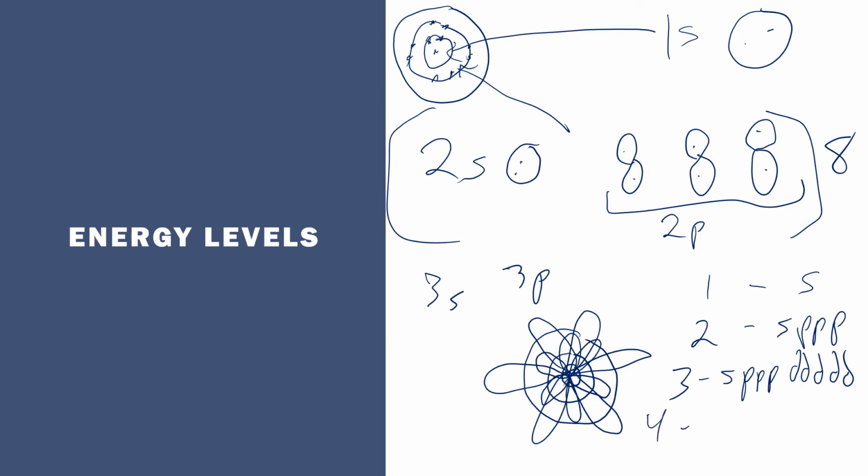In the fourth energy level, we have an s, 3 p's, 5 d's, and 7 f's. Do you see the 1, 3, 5, 7 pattern for the spdf? And then we have the 5th, 6th, and 7th energy levels as well, which we'll look at when we look at the periodic table. But yeah, these shapes repeat, just larger and larger as they get further away from the nucleus and have more energy.